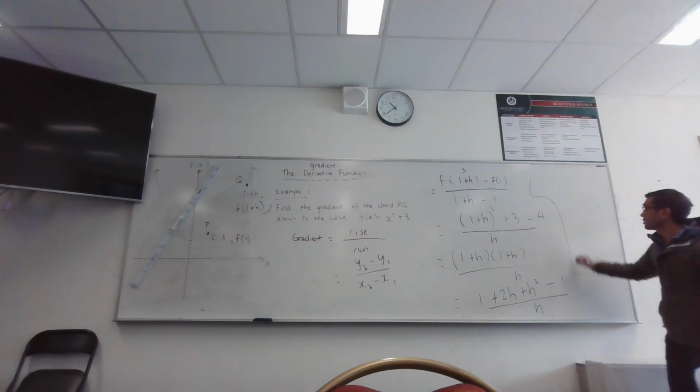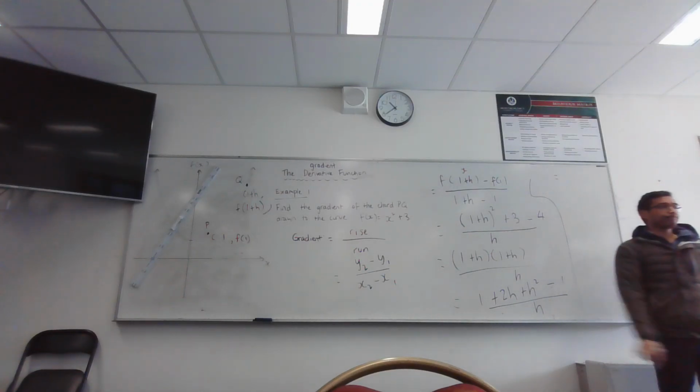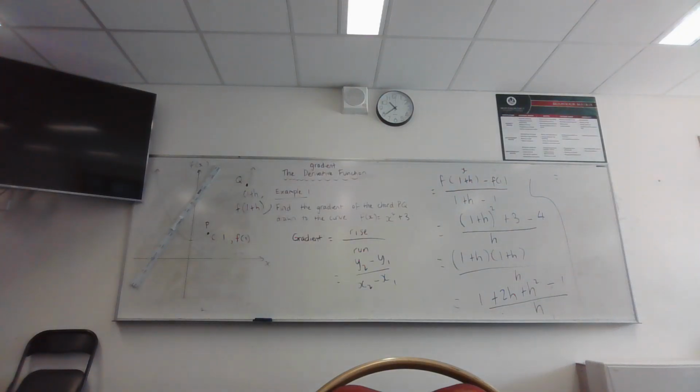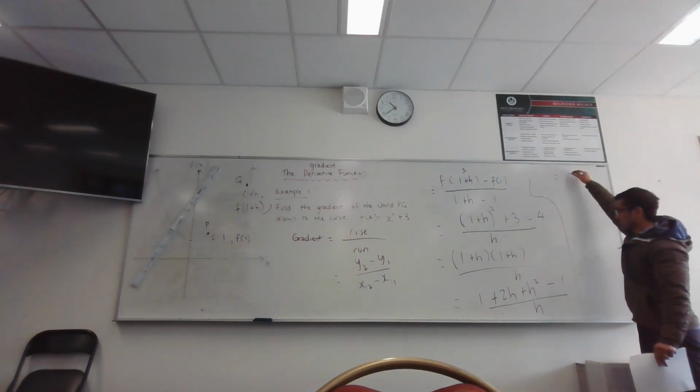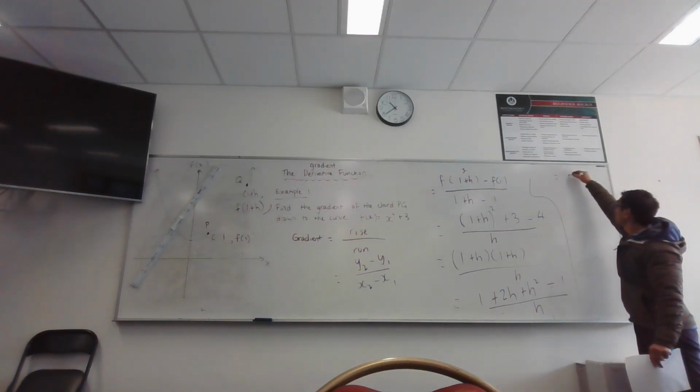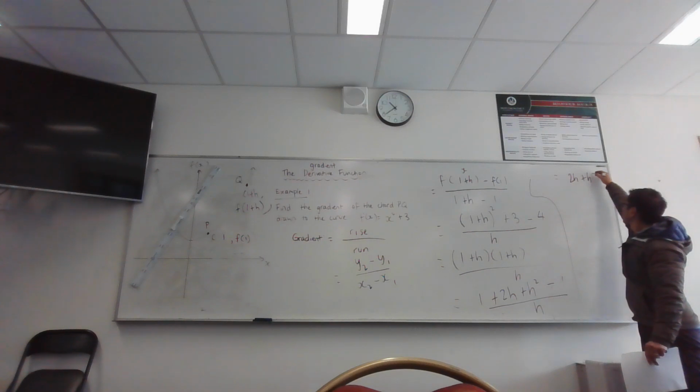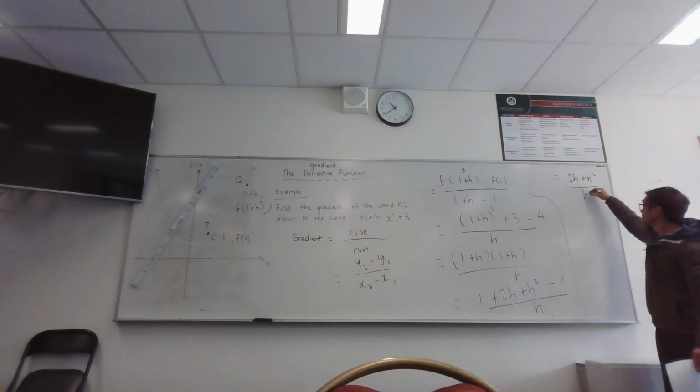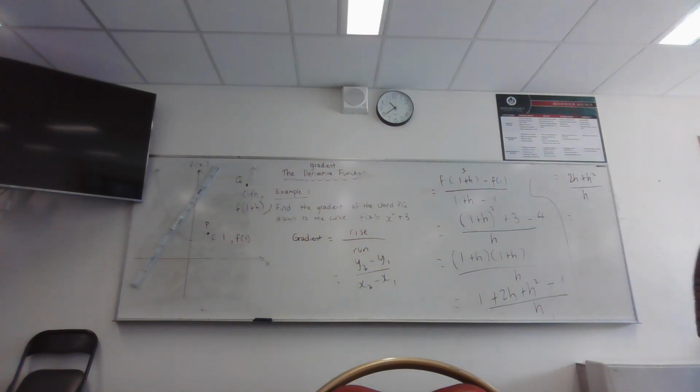Still more to go. Now, the top, Emily, what can I... You can do the 1 minus 1 cancel out, so you just get h squared plus 2h. h squared plus 2h in any order. Maya, what do you think we can also do now?